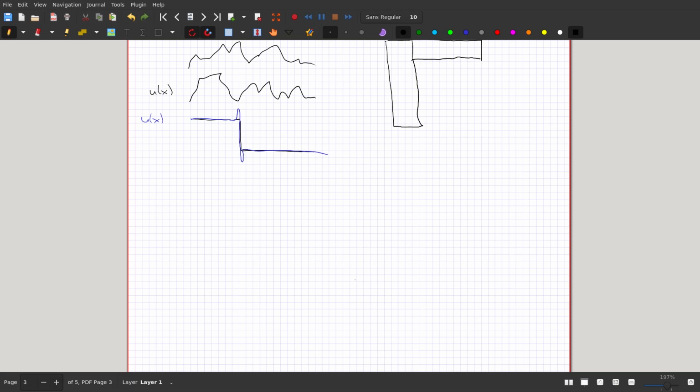And so we'll start with a domain, and we're going to break that domain up into two elements of equal size. Maybe I didn't draw that quite equal.